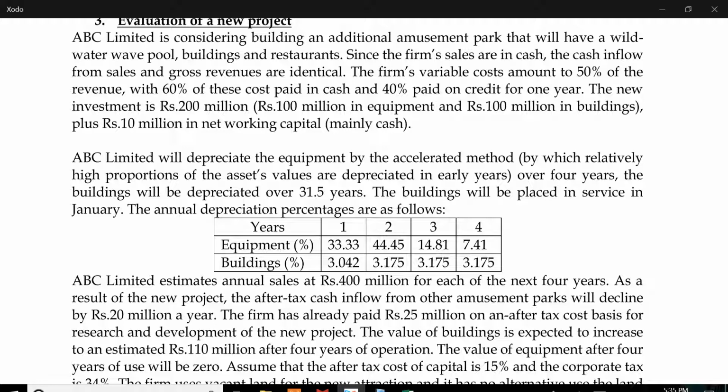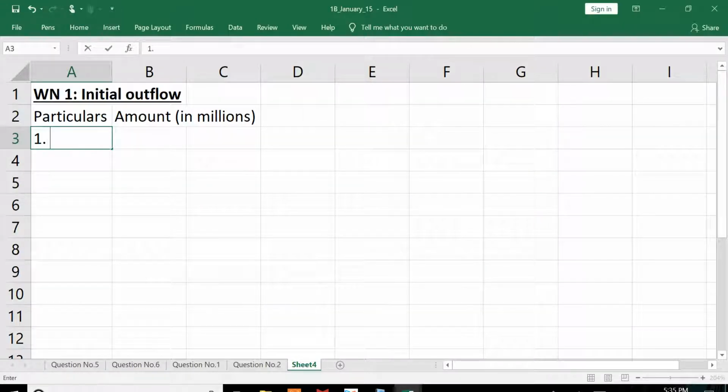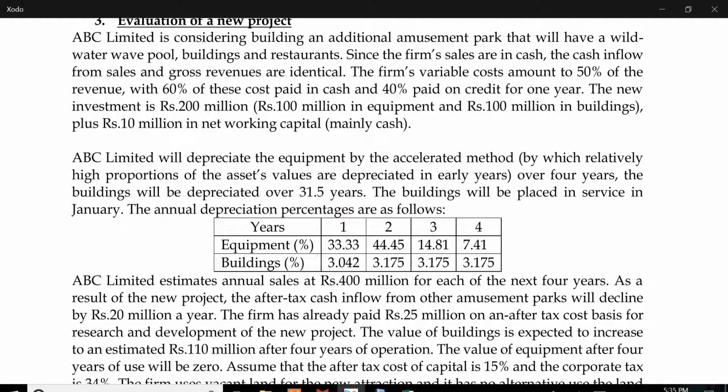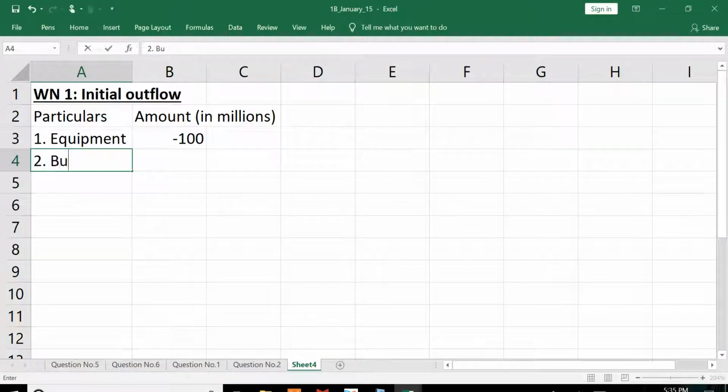Point number 1, equipment minus 100. Point number 2, building minus 100.